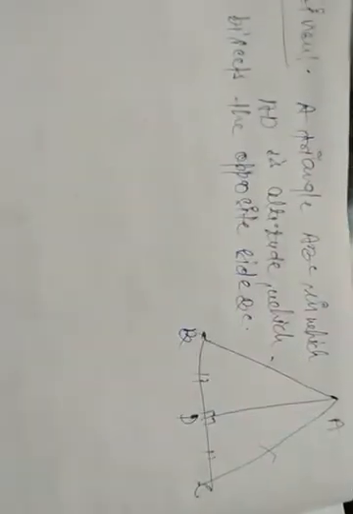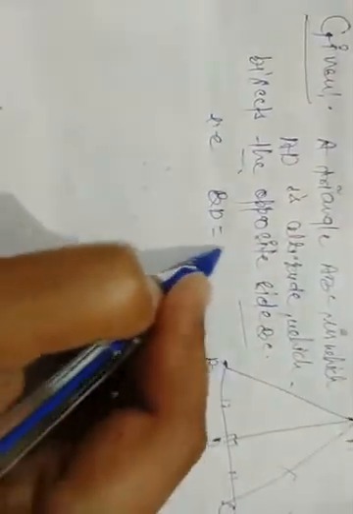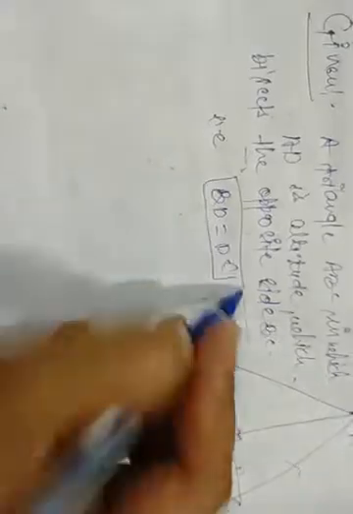Bisect means what? BD is equal to DC. This is given.